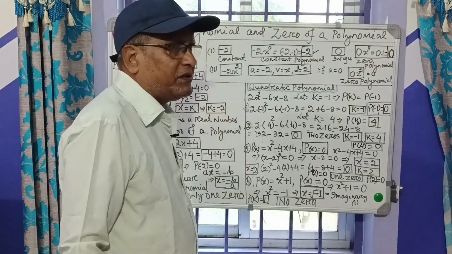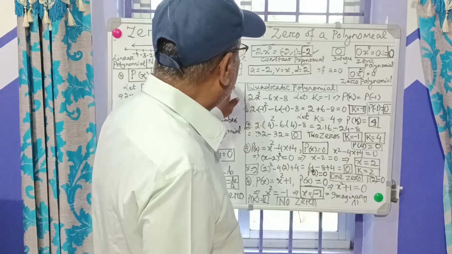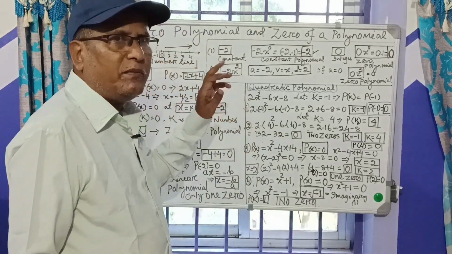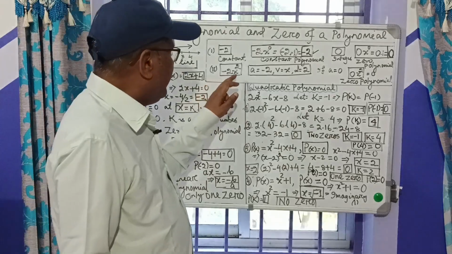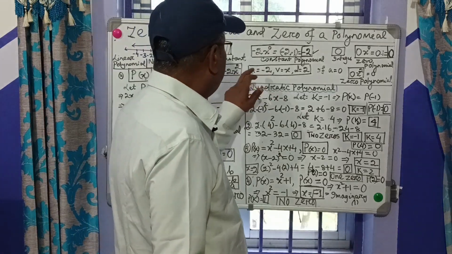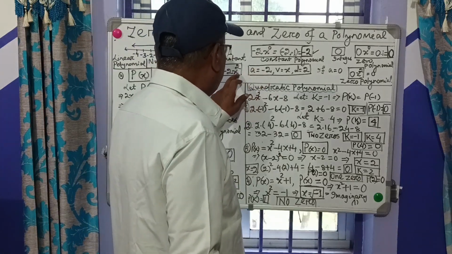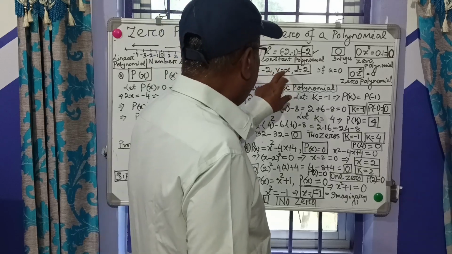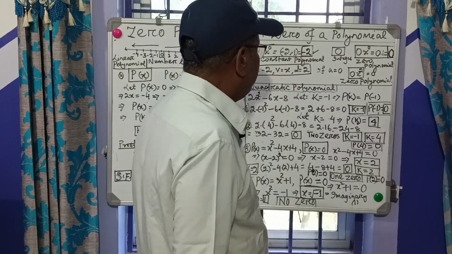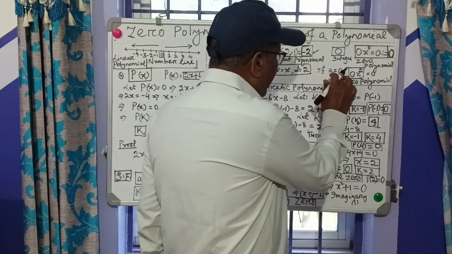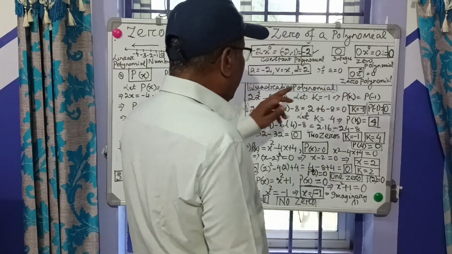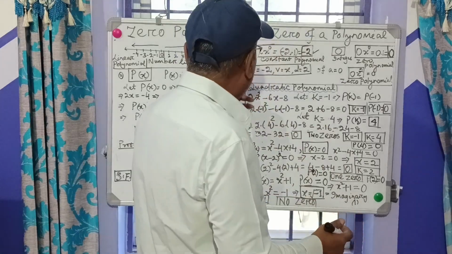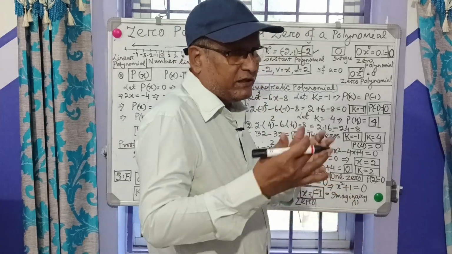Come to the second condition. Now you see -2x square. It is a polynomial, it is a monomial. Here a is -2, the coefficient of the variable x, and the degree of x is 2. And let a be equal to 0. What will be the result of the polynomial?